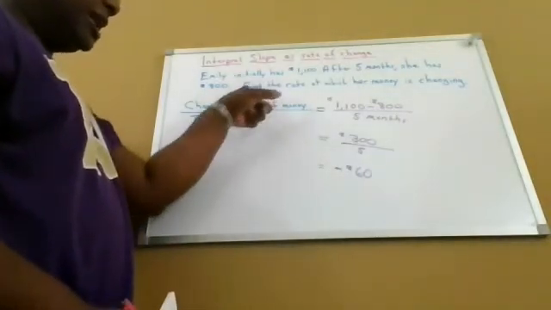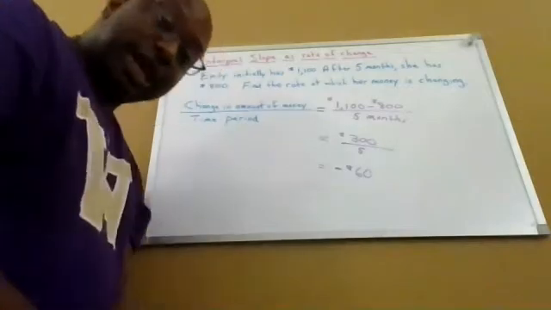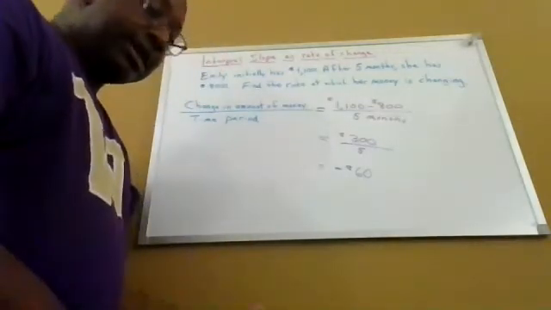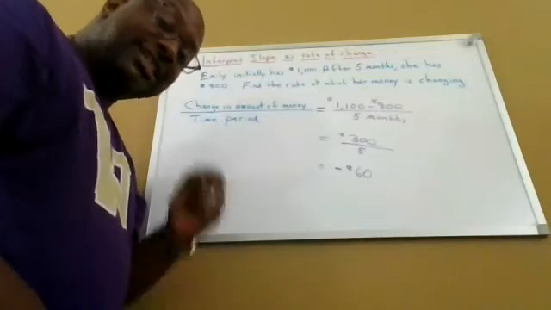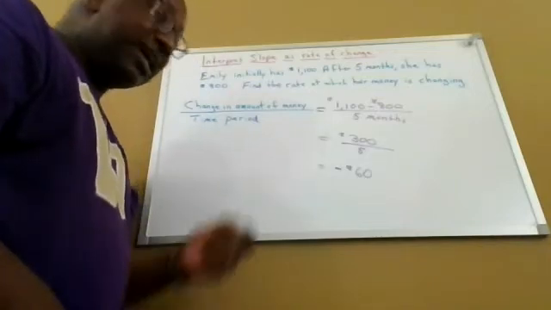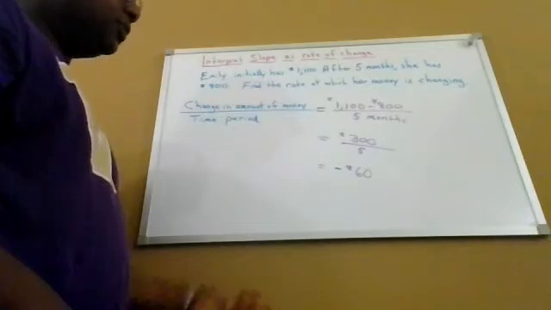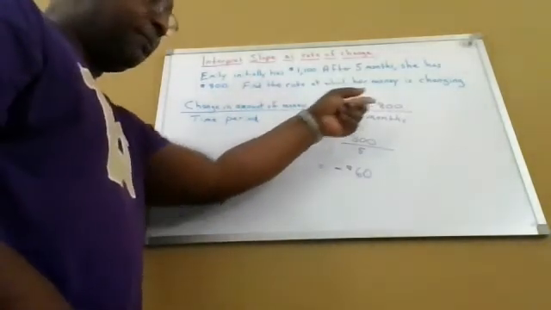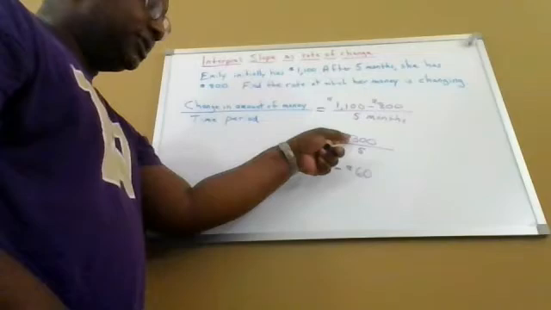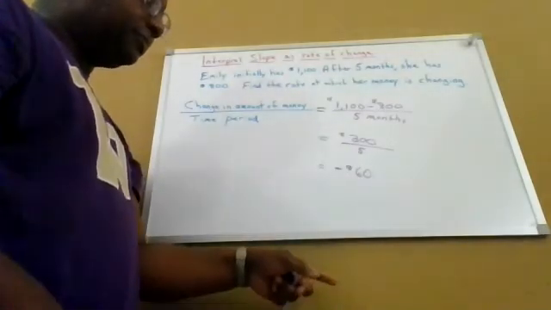So when we're looking at this, you can call it a fraction, call it a ratio. The numerator has to do with amount of money, and then our denominator has to do with a time period. And so we did the subtraction 1,100 minus 800 to give us 300 divided by 5. That gave us 60.